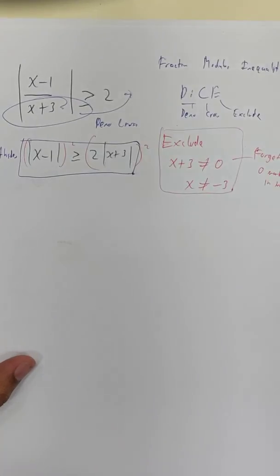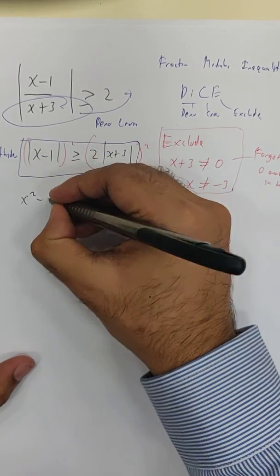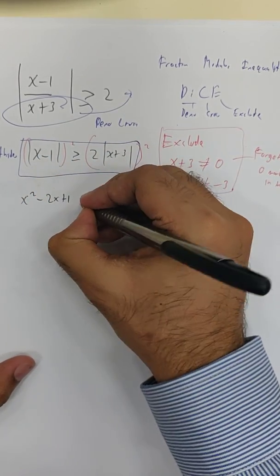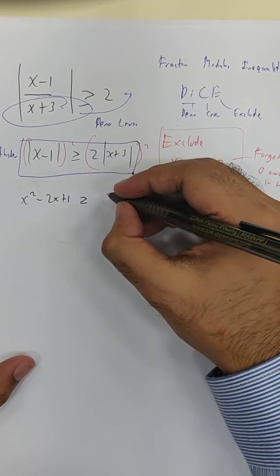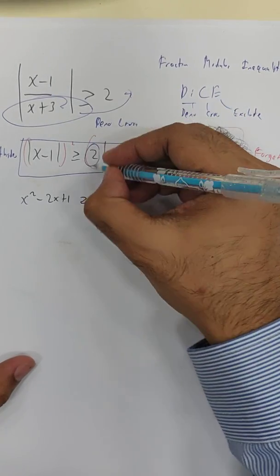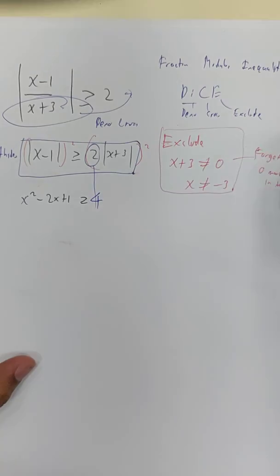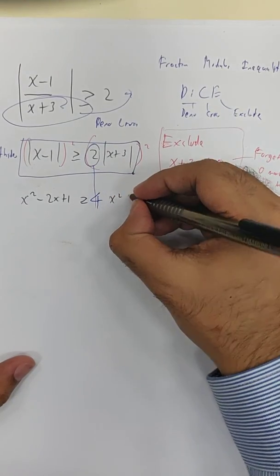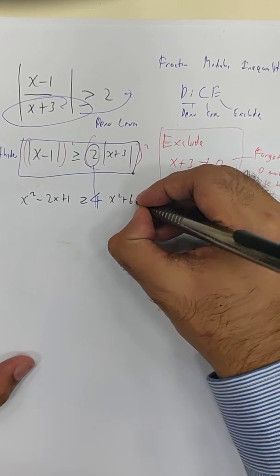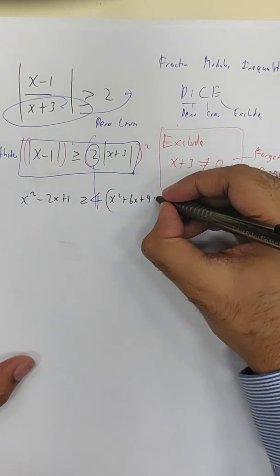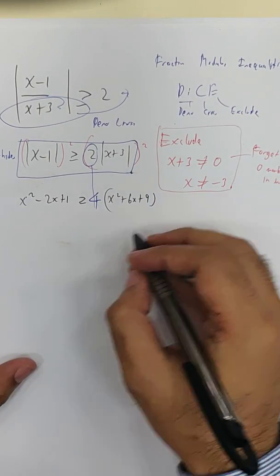So the left side is not that difficult. x squared minus 2x plus 1 more equals to, do not forget, it becomes 4, (x squared plus 6x plus 9). There's a bracket there.